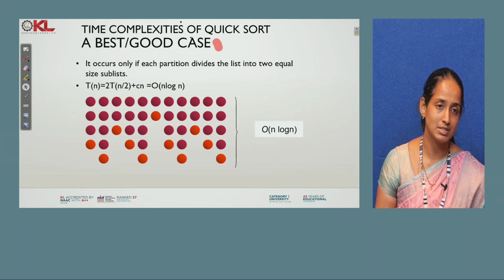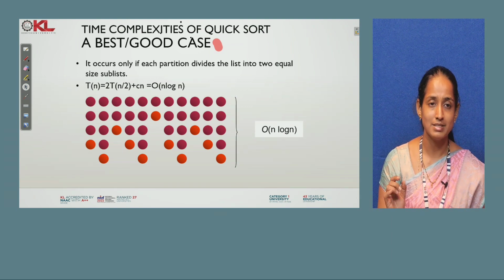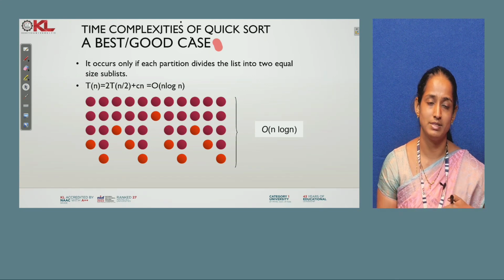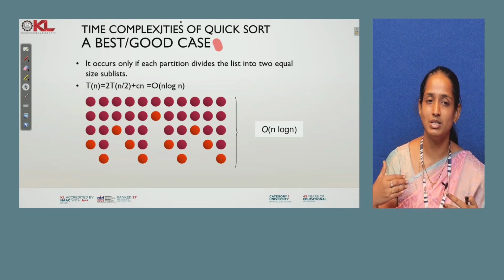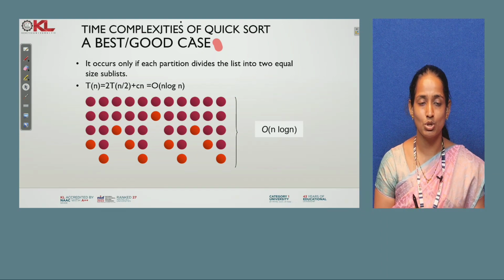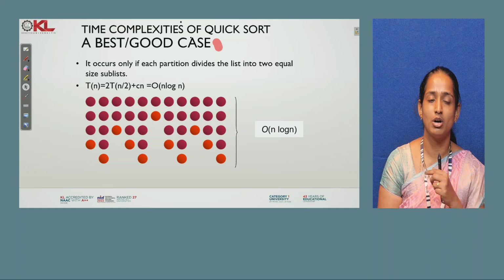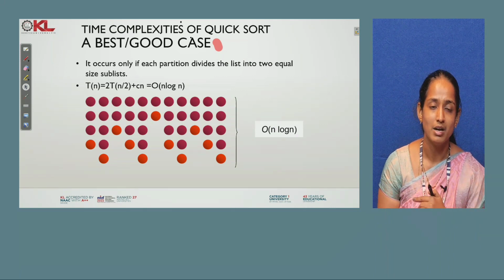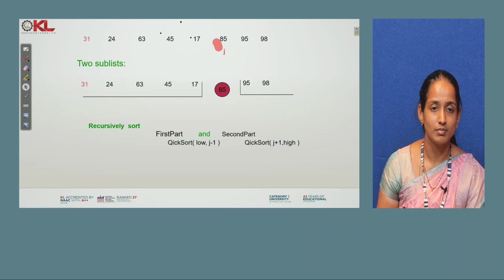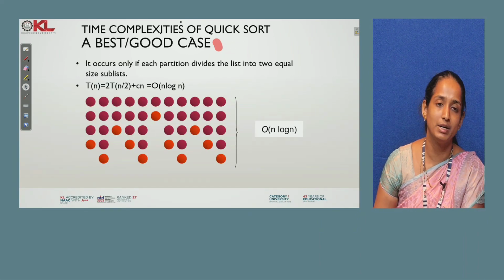So the time complexity taken to execute that partition algorithm is n, plus we are calling the quicksort by dividing the list into two halves, that is low to j minus 1 and j plus 1 to high. So that means the time taken to perform the sorting on these two sublists is T(n/2) plus T(n/2). So that's why it is written as 2T(n/2) plus n.